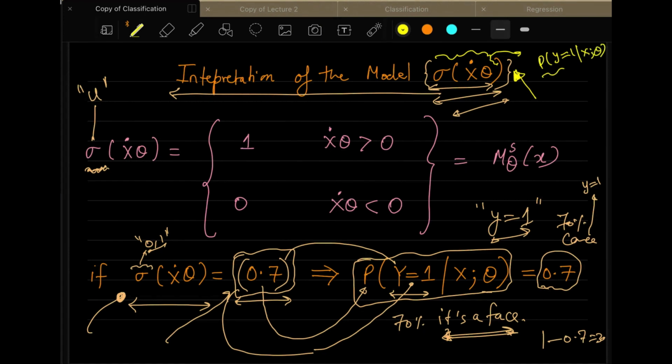So we interpret it as the class probability of this particular thing belonging to class 1. That is the interpretation of the output of this model. So this is the recap of the last class.